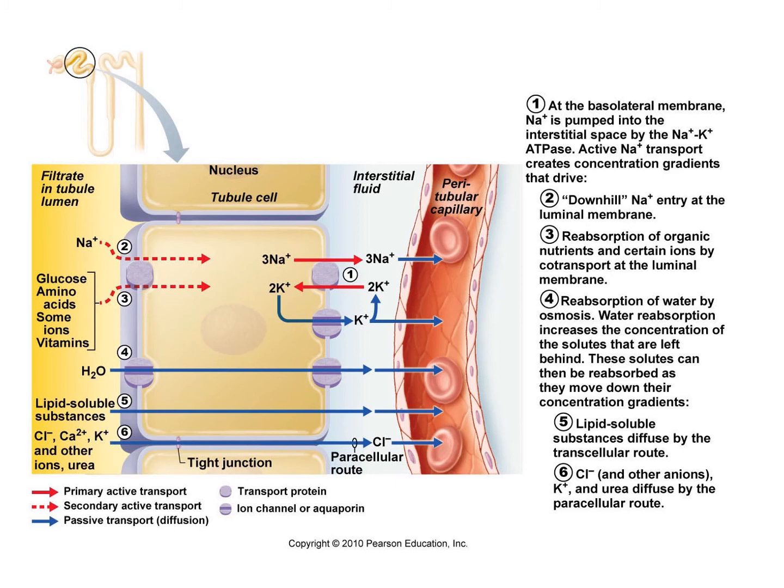The main driver here for things like glucose and amino acids and some ions is this sodium-potassium pump setting up a concentration gradient that sodium will then come through at the apical membrane and bring these other substances right along with it.